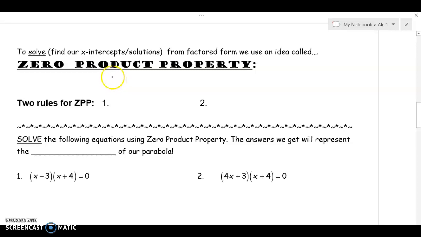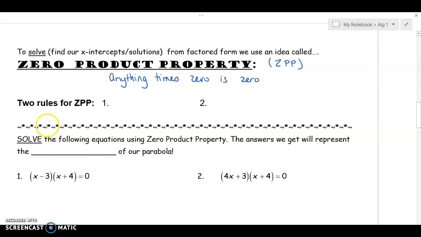You just didn't maybe know it was called this. Zero product property basically says that anything times 0 is 0. We're going to abbreviate zero product property to be ZPP. You'll see that used quite a bit. ZPP is zero product property. Anything times 0 is 0.